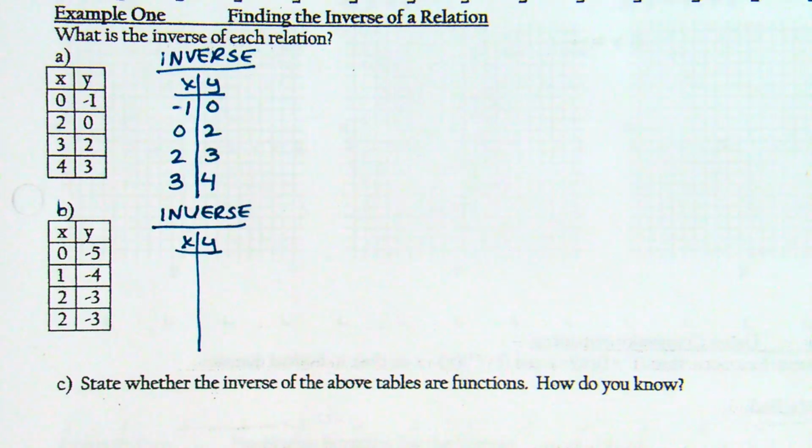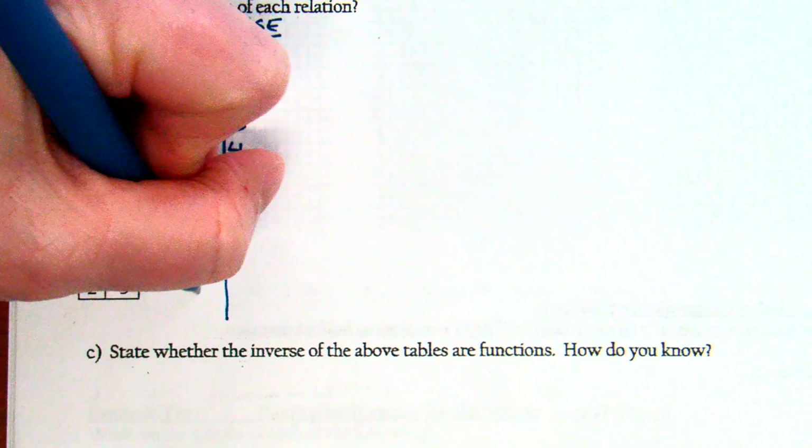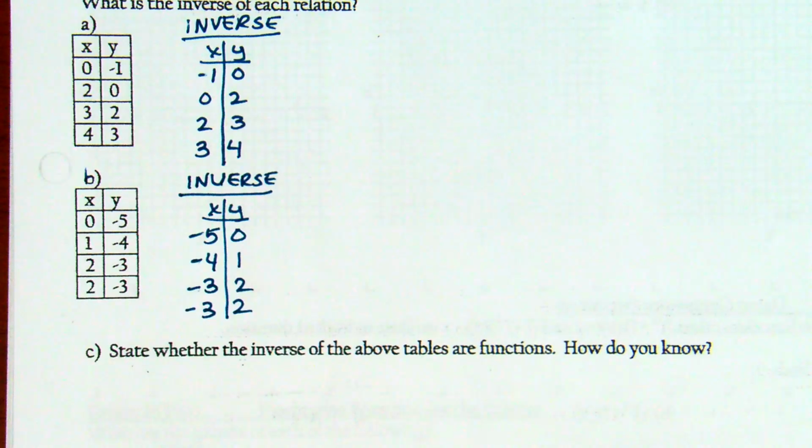What are you thinking for the inverse? Instead of (0, -5), it's (-5, 0). (-4, 1). (-3, 2). (-3, 2). Okay, so inverse: you flip x and y.